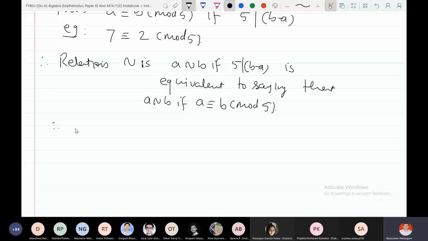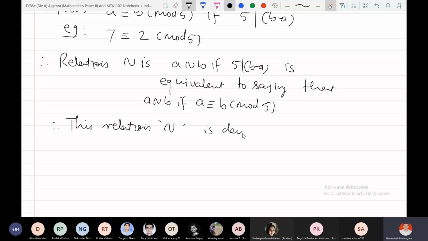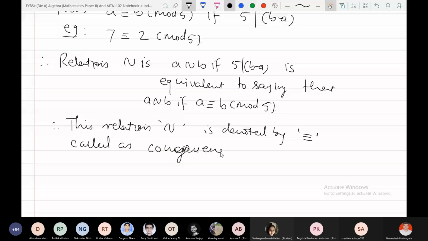And this relation tilde is denoted by this symbol and called a congruence relation, because the relation tilde is now equivalent to saying that a is congruent to b modulo 5.